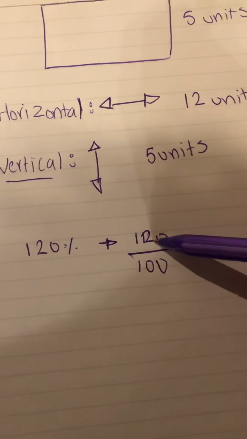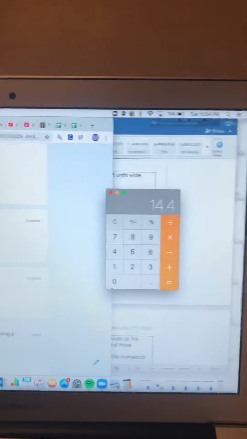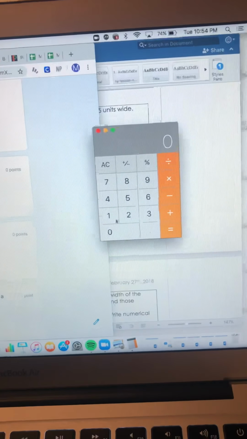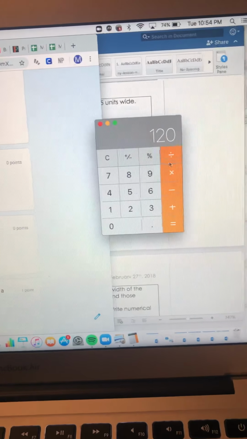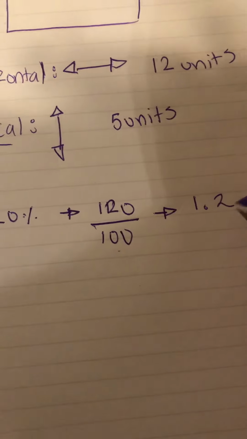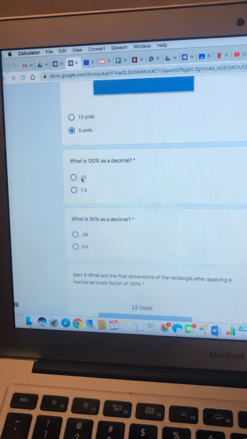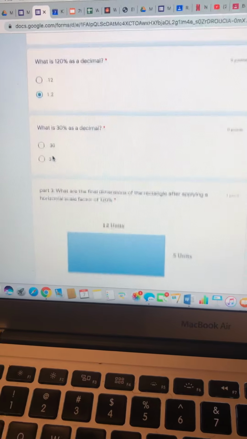If you divide 120 by 100, some of you can do this in your head, but I know all of you, if you need, can use your calculators at this point. So 120 divided by 100 gives me 1.2. And so 120% as a decimal is 1.2. So we're going to put not 0.12, it's 1.2. That's what you're going to click.